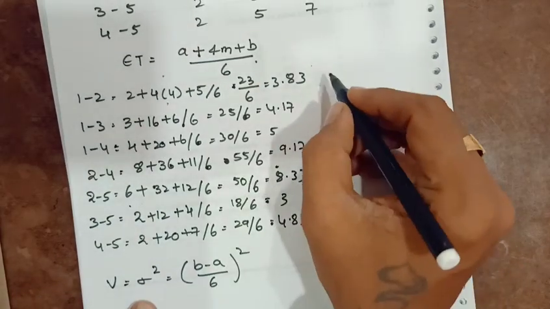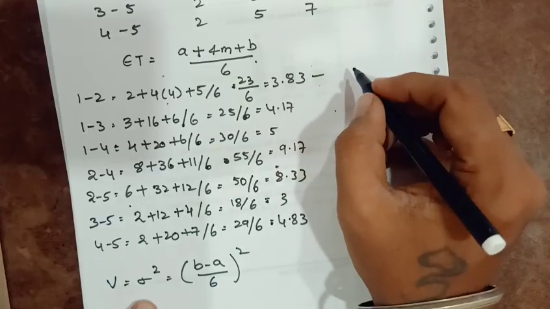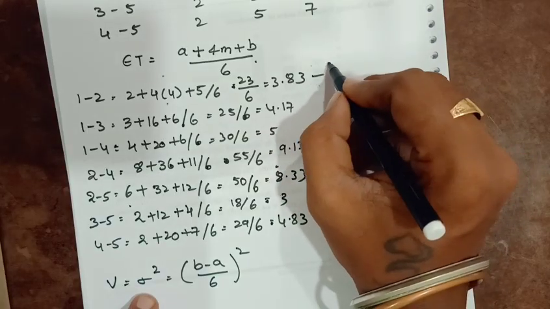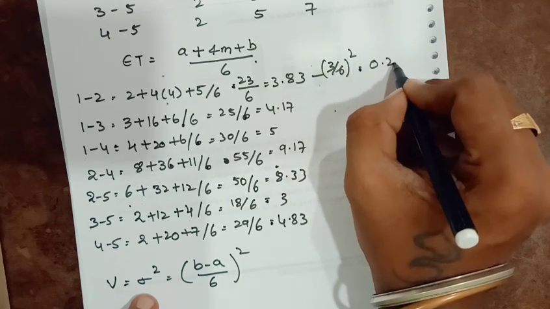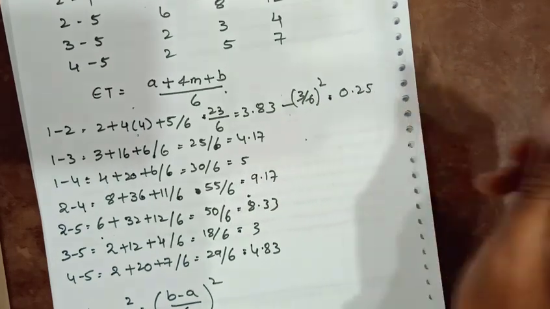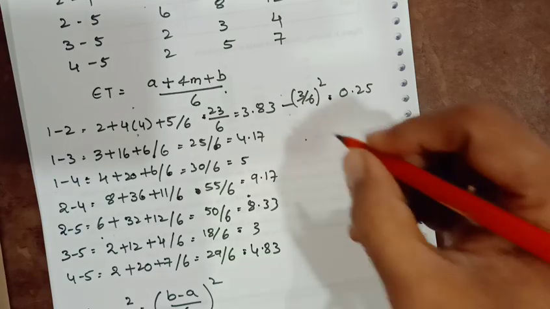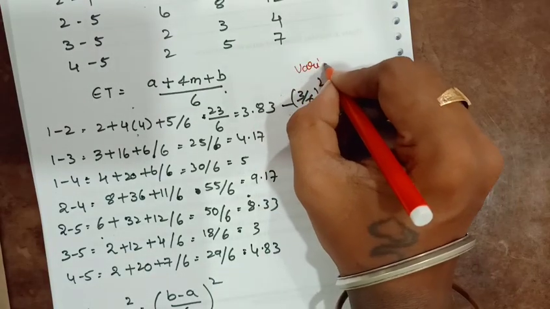So for the first activity the variance is 3 by 6 whole square, that is 0.25.